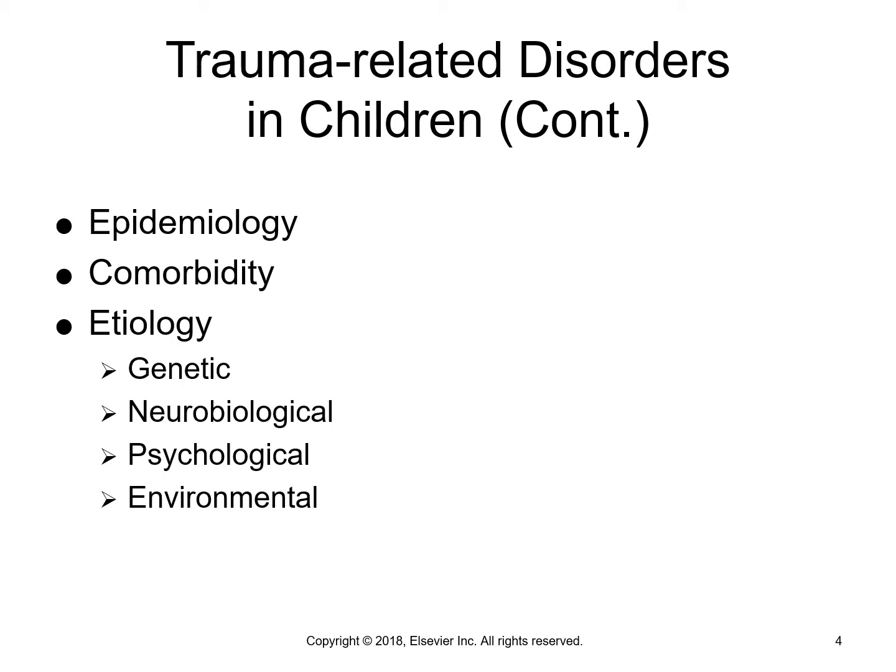Furthermore, looking at the etiology, looking at genetics, we see that early adversity can cause alteration and methylation of the DNA, and it can significantly affect how we respond to stressors.